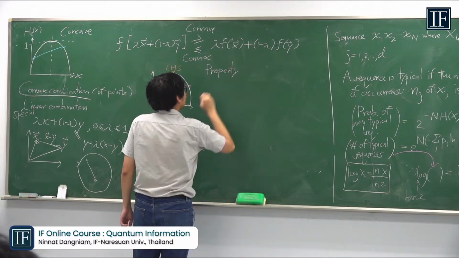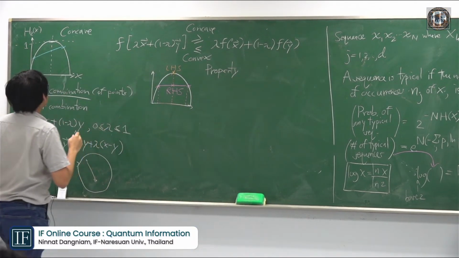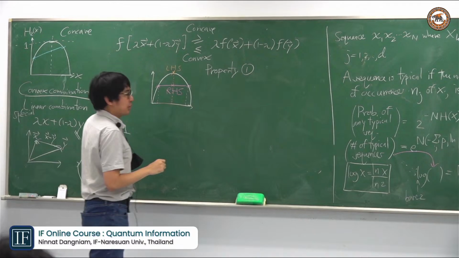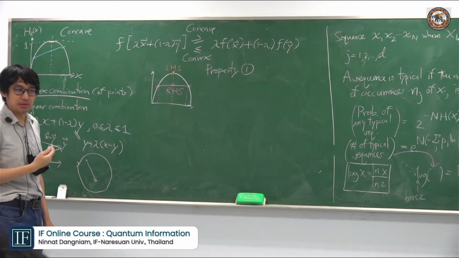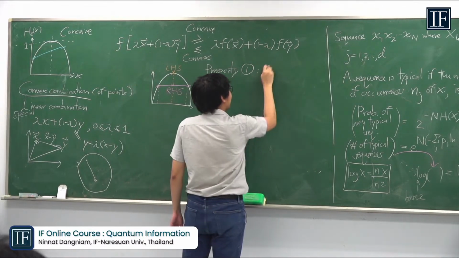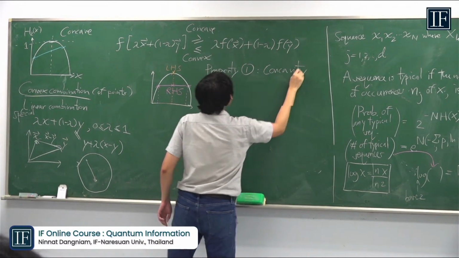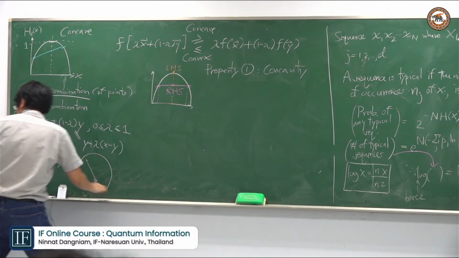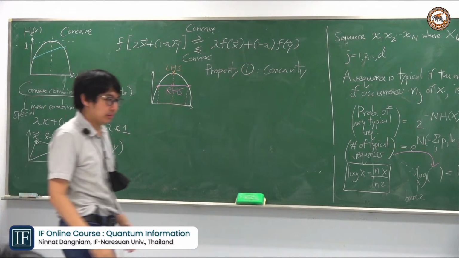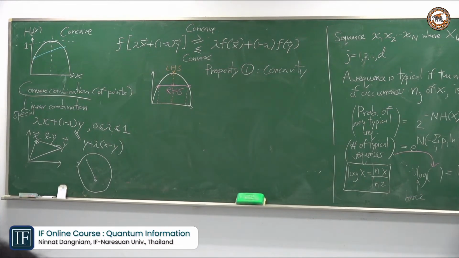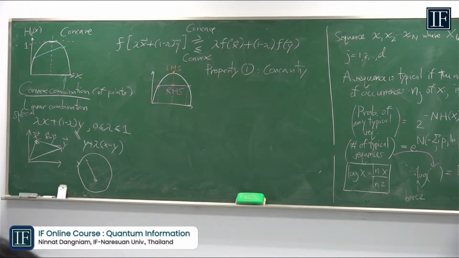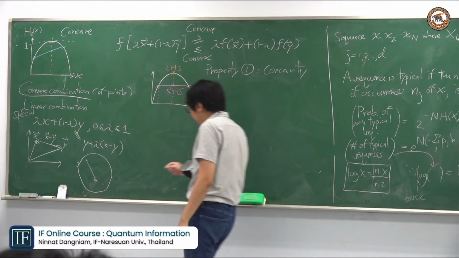So let's see, I haven't counted how many properties I would list. Let's say one thing is concavity. So what does this mean physically, or maybe not physically, but statistically, for the entropy function?